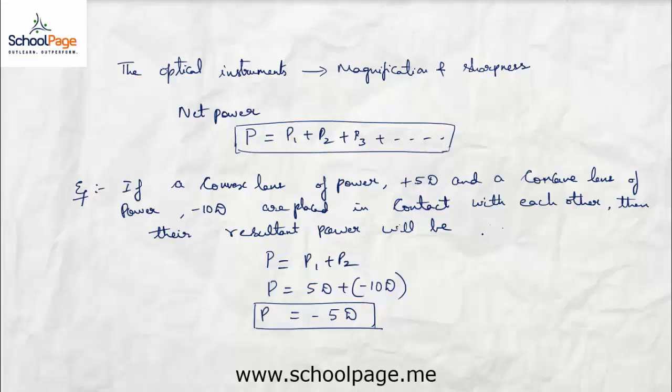So according to the question, a convex lens, when combined with a concave lens, the resultant lens which we obtain will be the combination of both concave lens and convex lens.